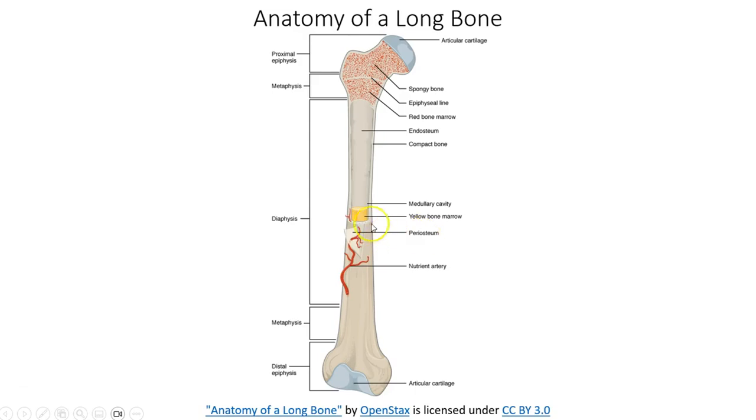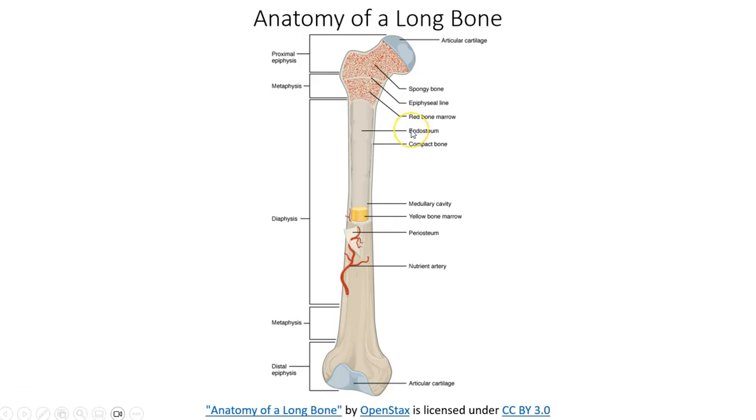So you can see down here this periosteum, this is kind of on the outer surface, and so tendons and ligaments are actually going to blend with that periosteum, where they are connecting and anchoring into that bone tissue. So that just helps give that attachment site for tendons and ligaments, as well as other tissues in the body.